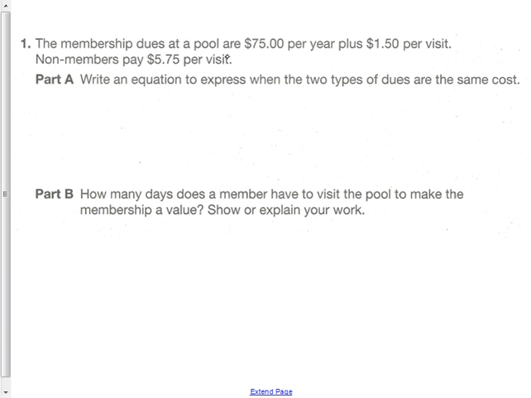The membership dues at a pool are $75 per year plus $1.50 per visit. Okay, so if I write this as an equation, it's going to be $75 per year plus the $1.50 per visit. I'm just going to give that an x. Now, the non-members pay $5.75 per visit, but I want to write an equation that's going to allow me to figure out when those two are the same price.